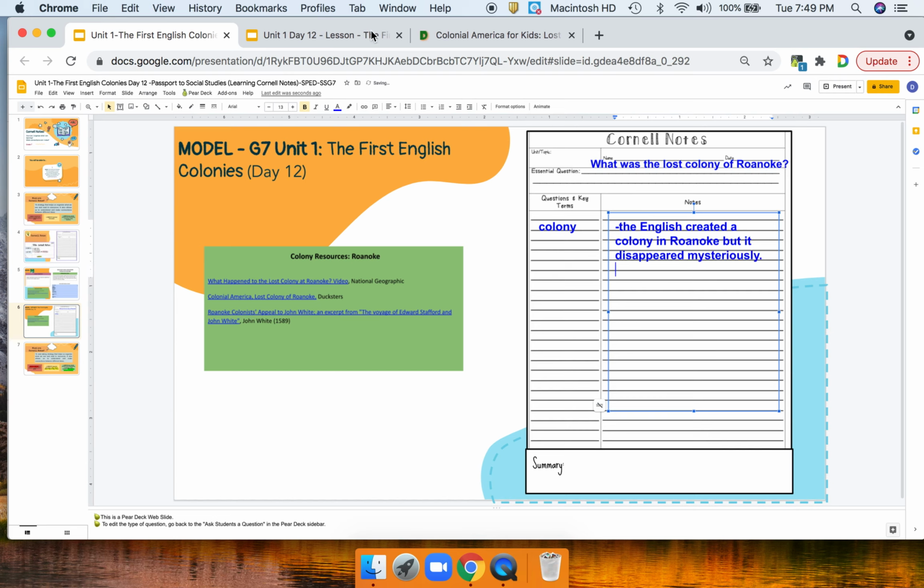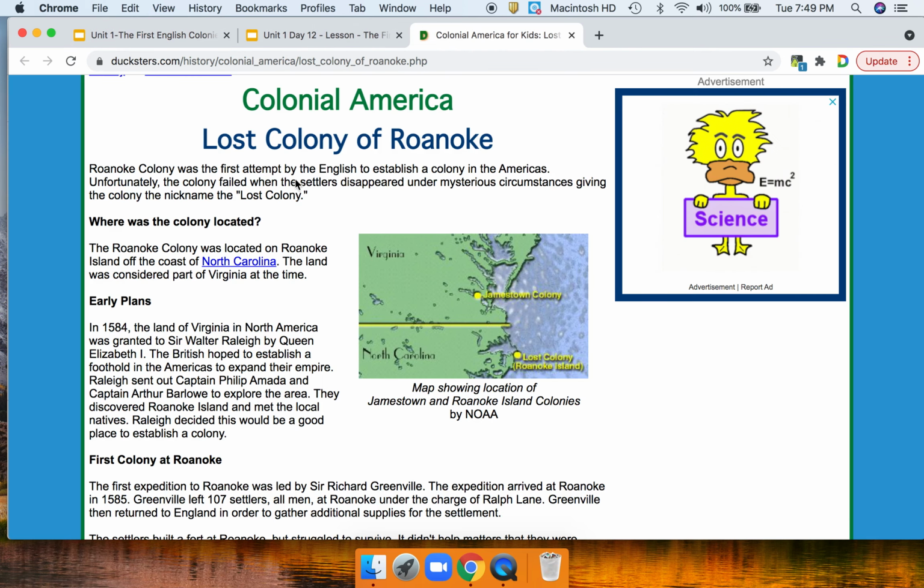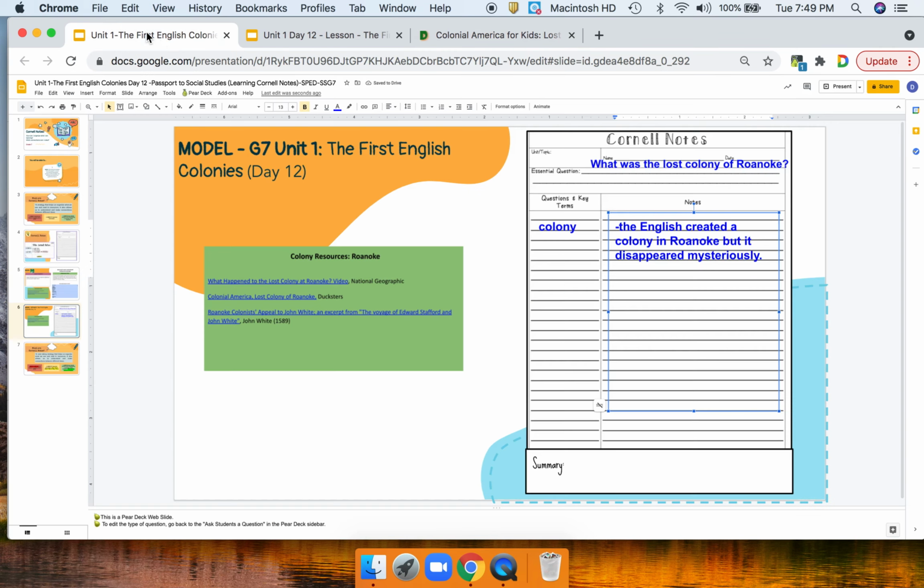It's very important to know. Let's keep reading and see if we can get any more information. Where was the colony located? So now we're looking at where. The Roanoke colony was located on Roanoke Island off the coast of North Carolina. The land was considered part of Virginia at the time. That's important information.